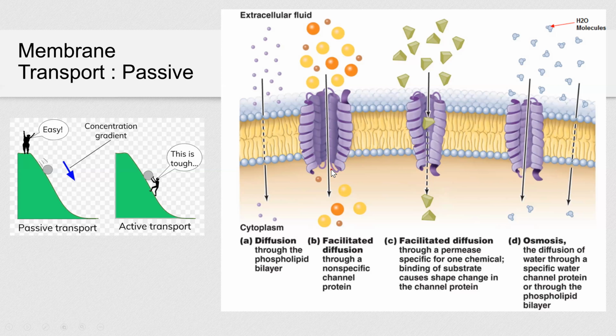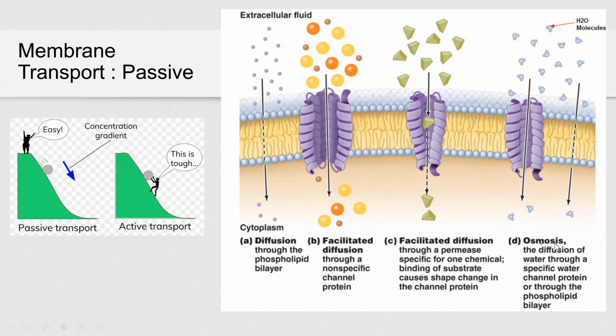It's still diffusion because we're still moving from a high concentration to low concentration, but we use the help of membrane proteins. It can be a non-specific channel protein, where anything can pretty much move through it, or a specific channel protein, where just one specific substance can move down its concentration gradient.